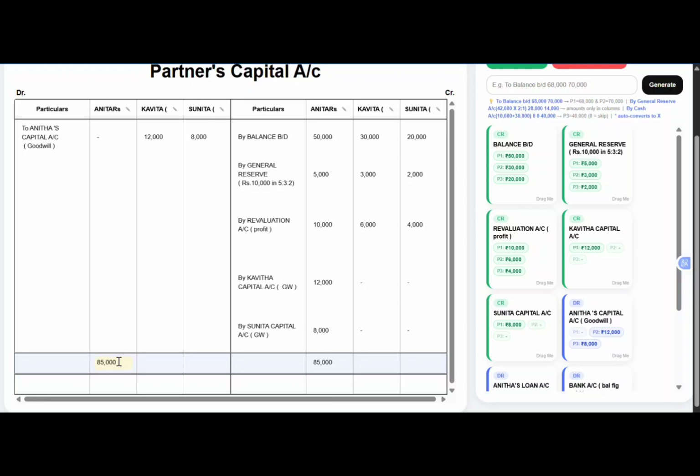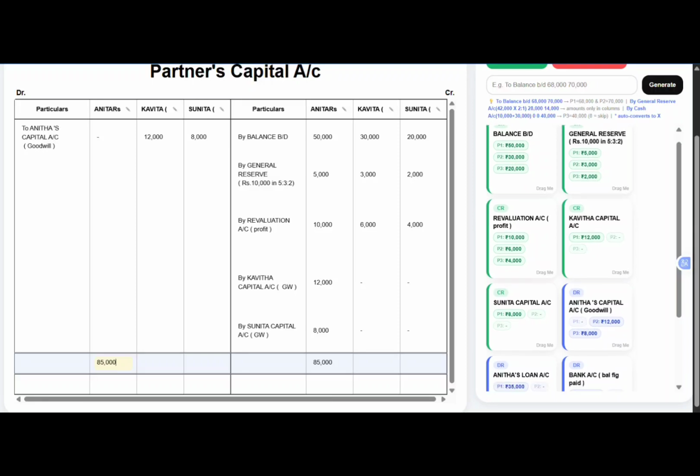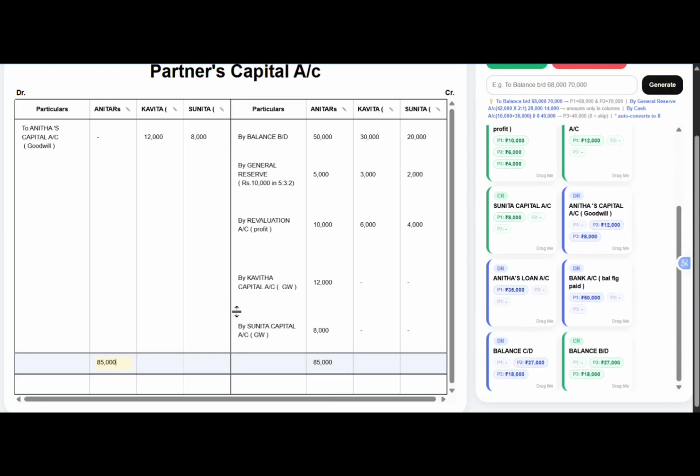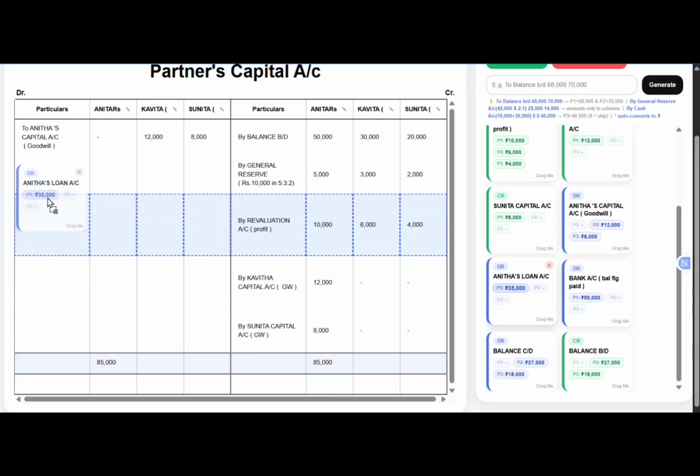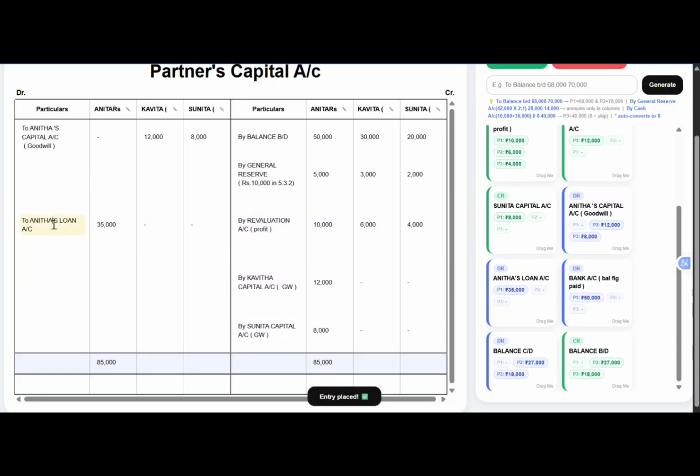Out of this 85,000, according to the adjustment, they have mentioned 35,000 rupees for Anita should be kept as a loan account. So we are going to write it as Anita's loan account 35,000.